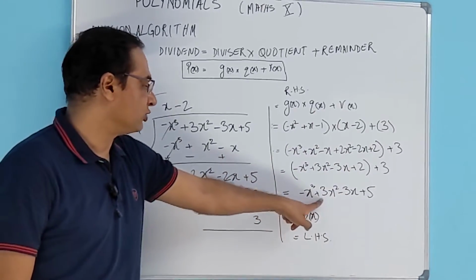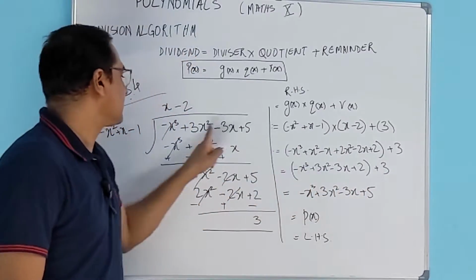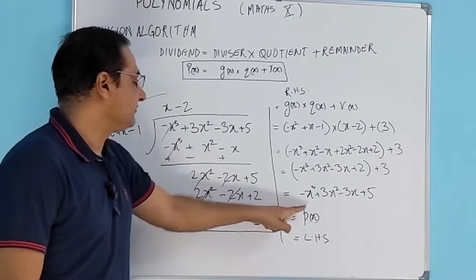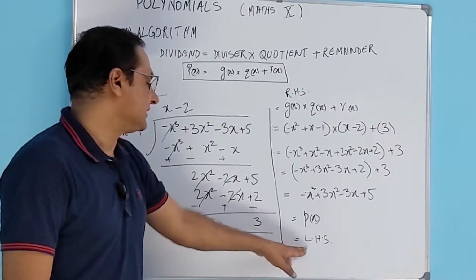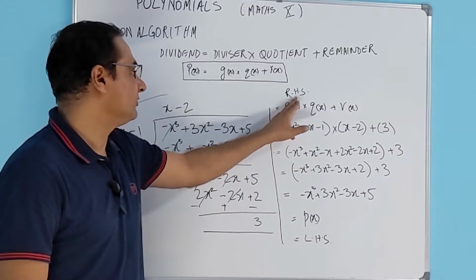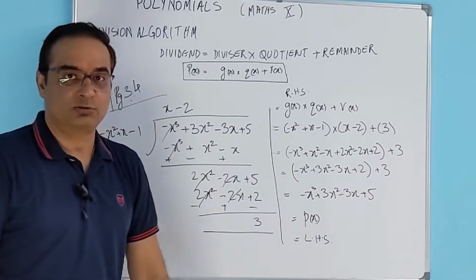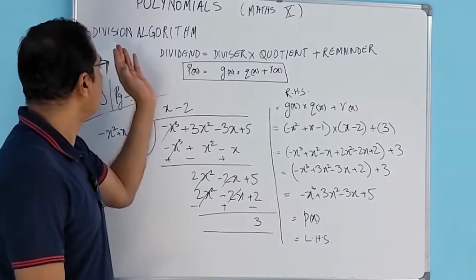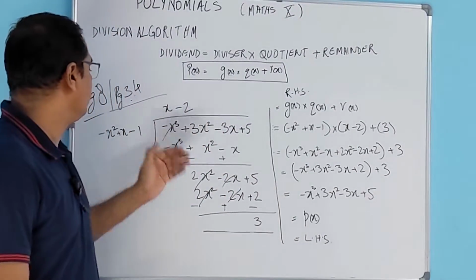We get minus x cube plus 3x square minus 3x plus 5. What is this polynomial? This is actually the dividend. Then we write this equals px, which is nothing but the polynomial, and this is the left hand side. So we started with the right hand side, we put all the values, did the calculations, and reached the left hand side, which proves that the division algorithm holds true for this division which we have done.